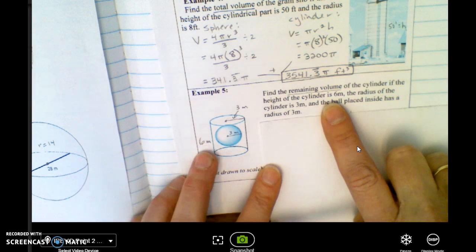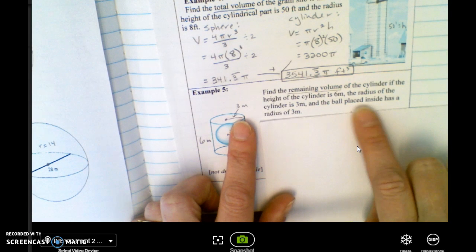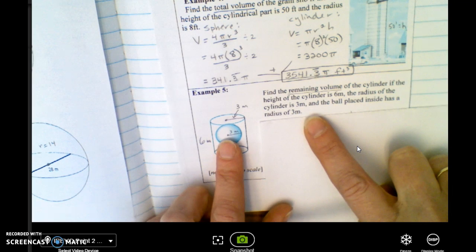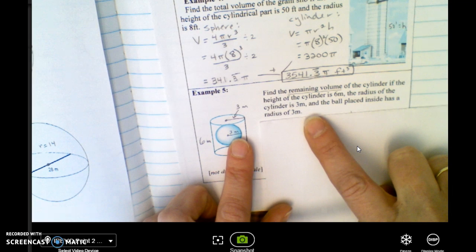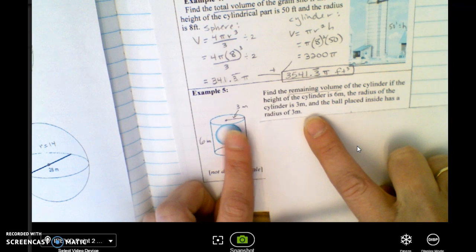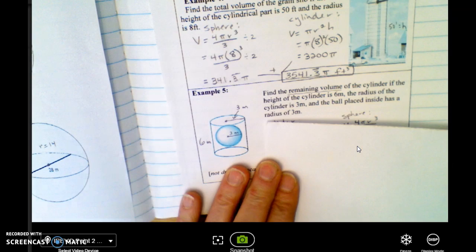So a couple of dimensions you need to label. You've got a height of 6 meters on the cylinder. You've got a radius of 3 meters. And then they tell you that the ball, or sphere, placed inside also has a radius of 3 meters. So that's probably why they told us it's not drawn to scale, because it looks like there's room on the edge, but there really wouldn't be if we were drawing this perfectly.